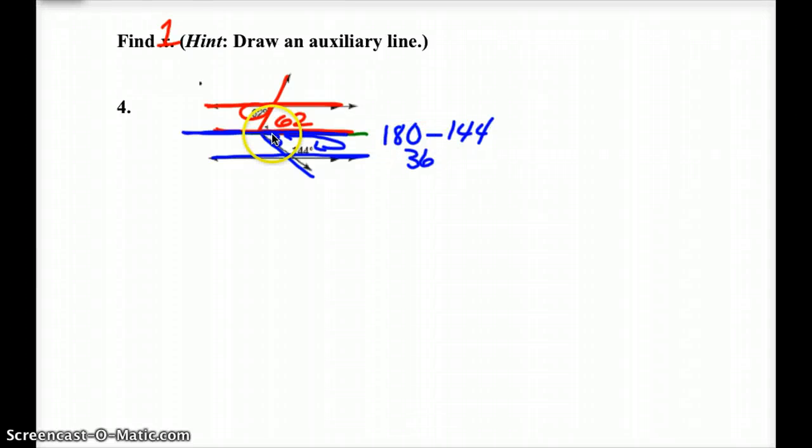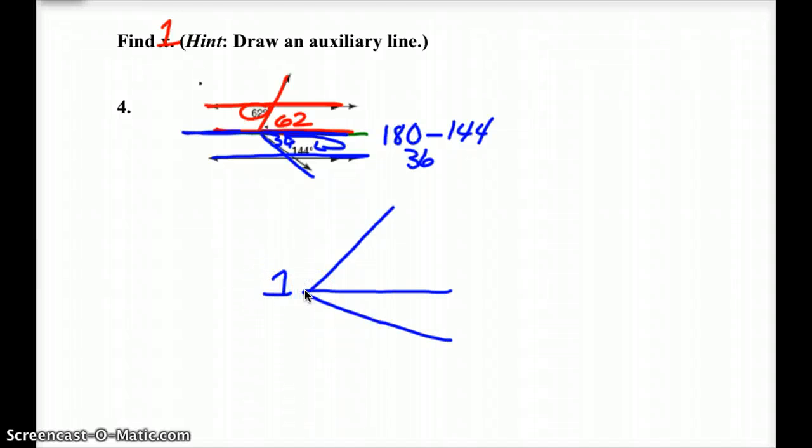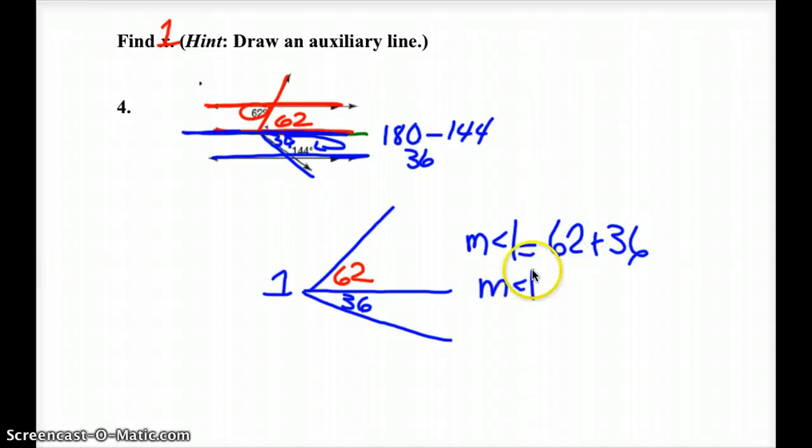So my angle 1 actually has the red angle of 62 and the blue angle of 36. So the measure of angle 1 equals 62 plus 36. My measure of angle 1 equals 98, and degrees is the angle, so I should be putting a degree symbol there, people.